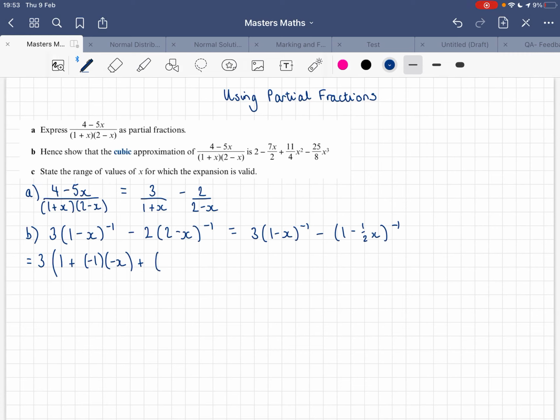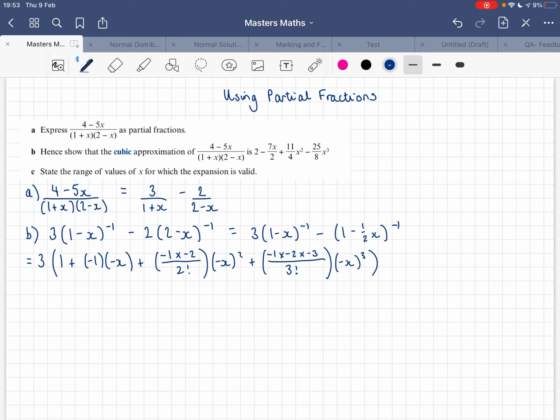Then plus minus 1 times minus 2 over 2 factorial multiplied by x squared. And then plus minus 1 times minus 2 times minus 3 over 3 factorial times x cubed. So that's the first bracket, the first binomial expansion.